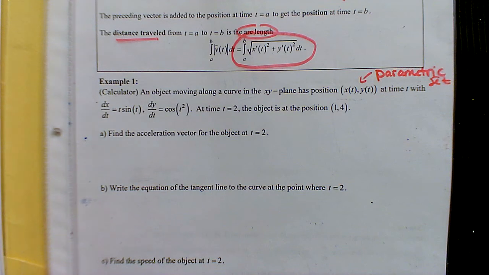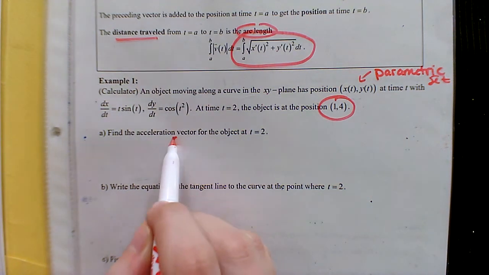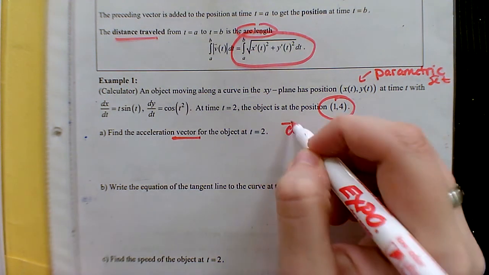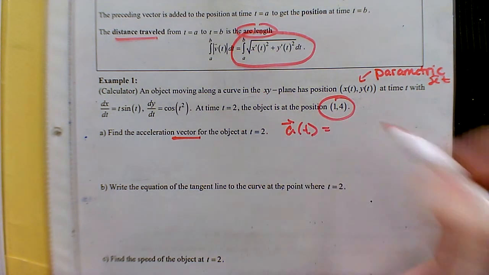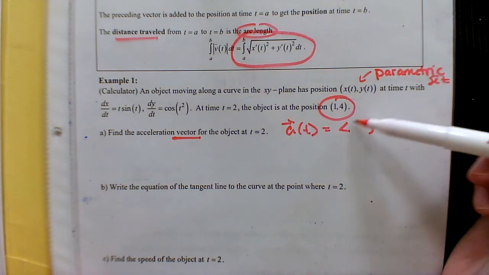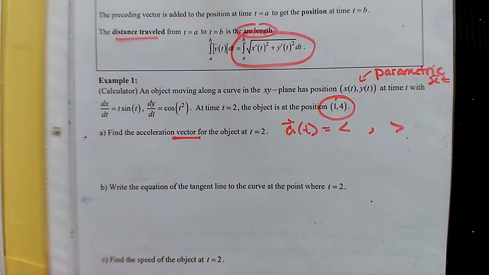And at time 2, the object has this position, an x coordinate of 1 and a y coordinate of 4. Find the acceleration vector for the object at time 2. So for a vector, we're going to need either chevrons or parentheses, some type of x acceleration and some type of y acceleration. Where do you want to go from there?